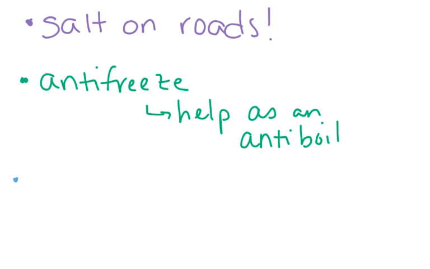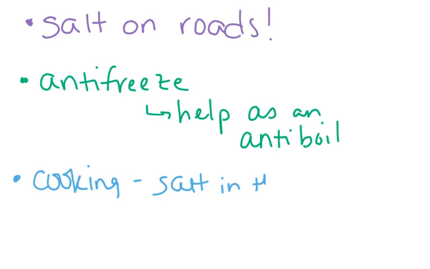Another example is when you cook, you put salt in water, like when you want to make pasta or something like that. One of the biggest misconceptions is that the reason you do this is to make the water boil faster. But we know that that's not true, because you're increasing the boiling point. It's boiling point elevation. So actually, it's going to boil the water slower, but it'll cook the pasta faster.